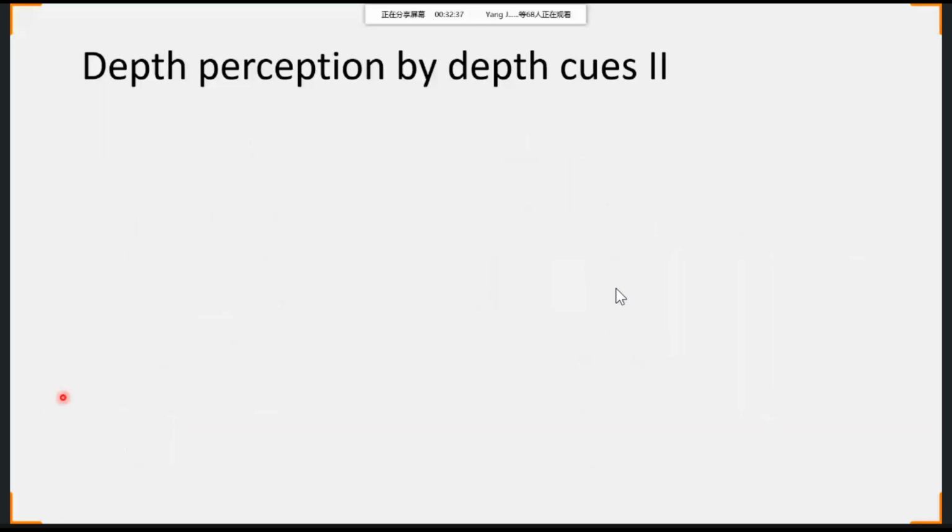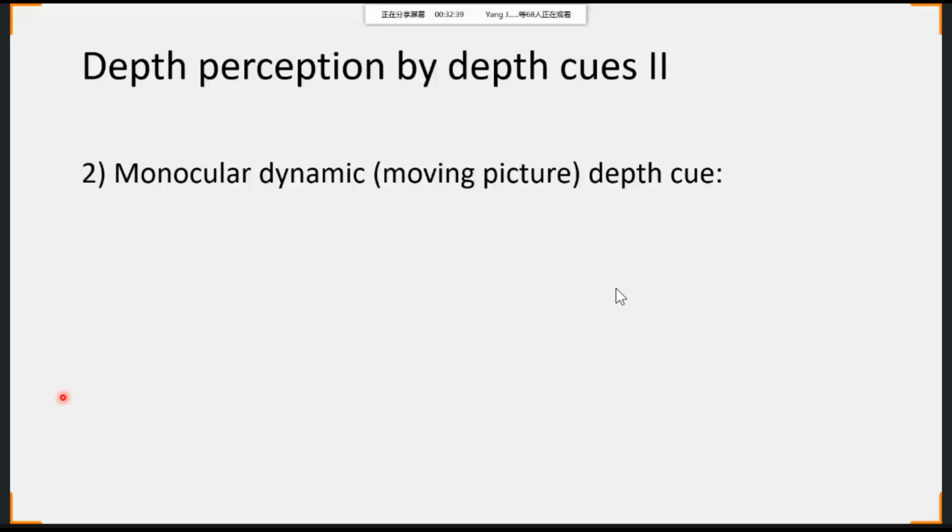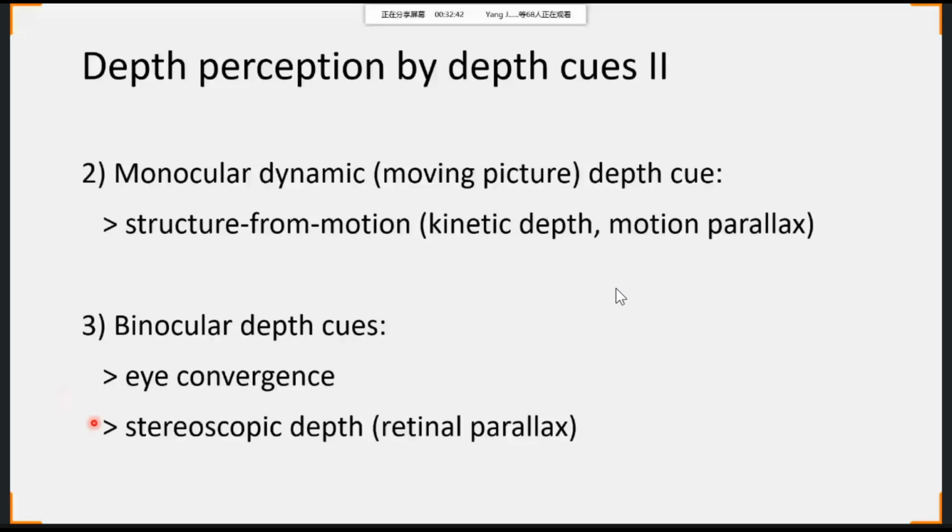So there are these three groups, and these random dot stereograms, the anaglyphs, and so on. This is all about the stereoscopic depth, the retinal parallax. So if you understand this term, retinal parallax, then you know what it is about. Just remember, there are two different images that we get.